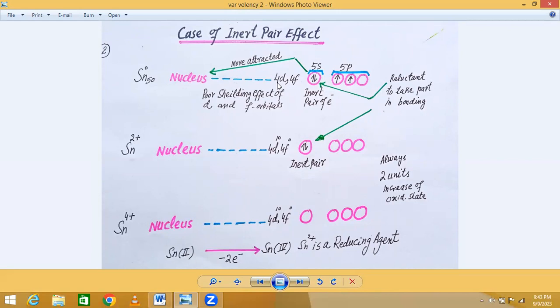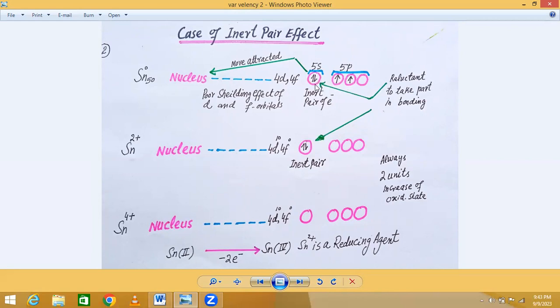Then we get 4d, 4f, and here is the electronic configuration of 5s and 5p. In the 5s there are 2 electrons present, and in the 5p there are 2 electrons present.